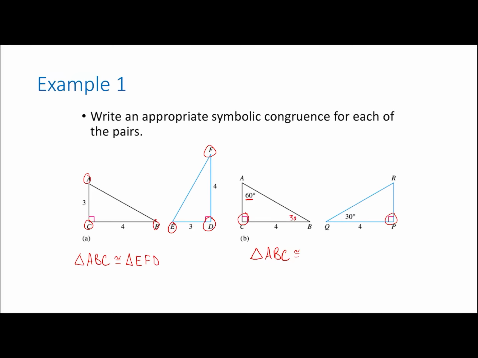You know that angle P and angle C have to be congruent, right? And hopefully you know from chapter 11 that the sum of all the angles inside the triangle is 180 degrees. And so if this angle A is 60 degrees, then angle B must be 30 degrees. So 60 plus 30 plus the 90 gives you the full 180.